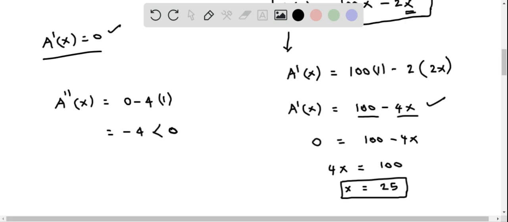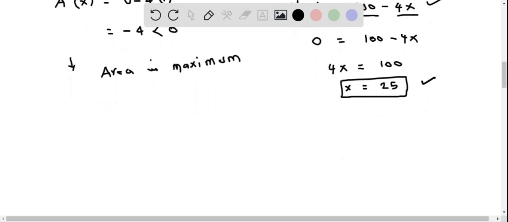As such, it is independent of x. We don't have an option to replace the x over here, which means this negative 4 is always less than 0. And so we see that according to the second derivative test, when the second derivative of the area function is less than 0, the area is maximum. So thus we have verified that when x equals 25, the area is maximum.